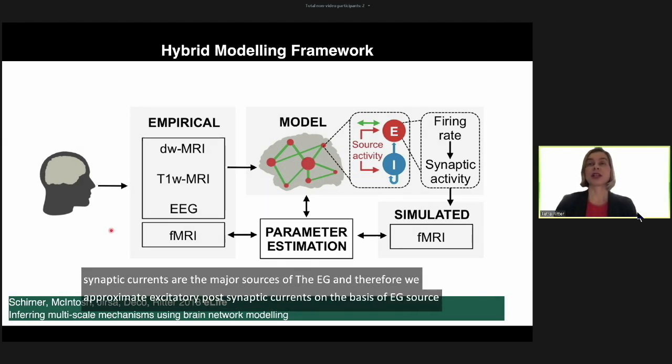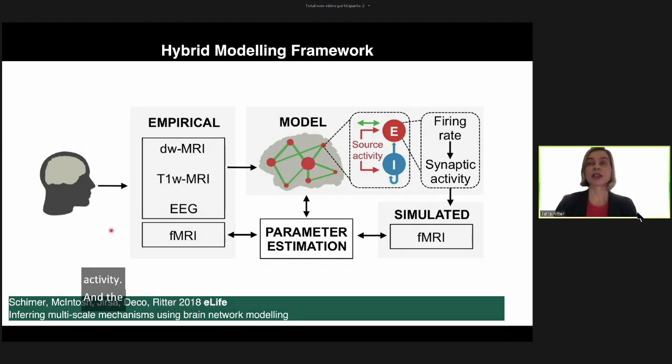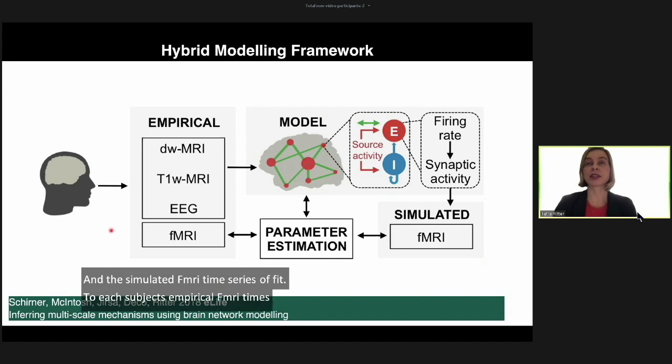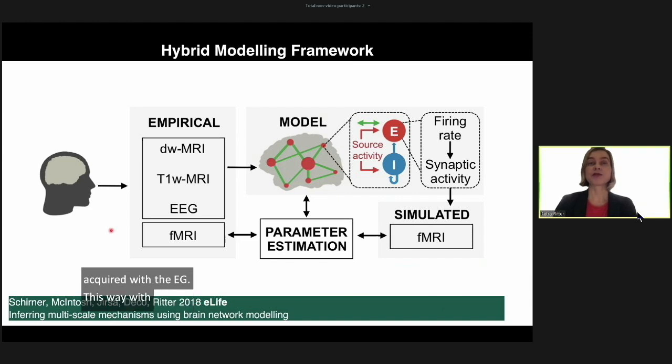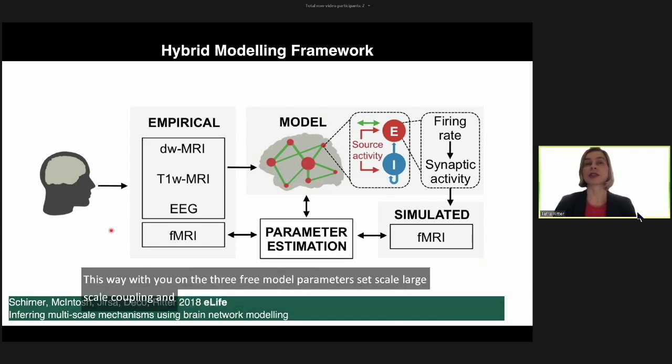And the simulated fMRI time series are fit to each subject's empirical fMRI time series that were simultaneously acquired with the EEG. This way, we tune the 3 free model parameters that scale large-scale coupling and local excitatory inputs.